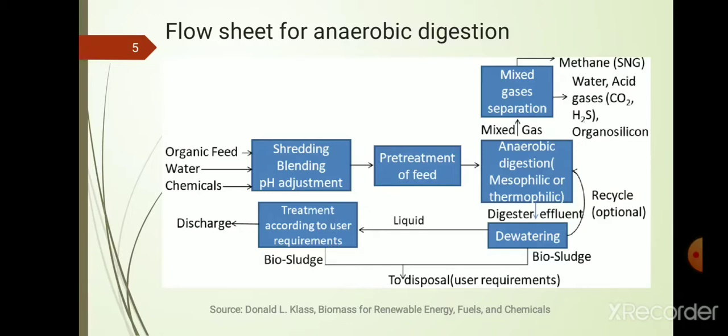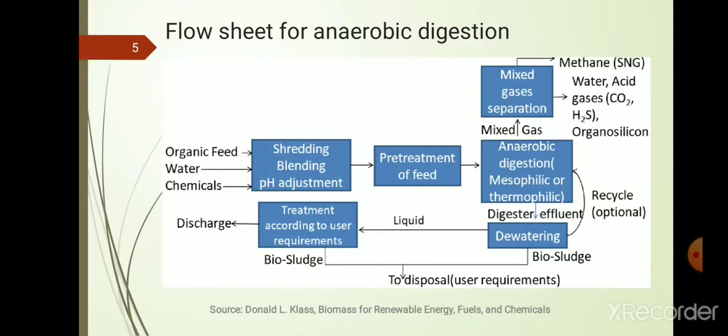Then after this pre-treatment of feed, it is fed to the anaerobic digester. So the anaerobic digester will be mesophilic or thermophilic depending upon the bacteria. Then you will get mainly two outputs. One is the biogas, which is a mixture of methane, carbon dioxide, hydrogen sulfide, etc. After that you have to separate these gases for different applications if required.